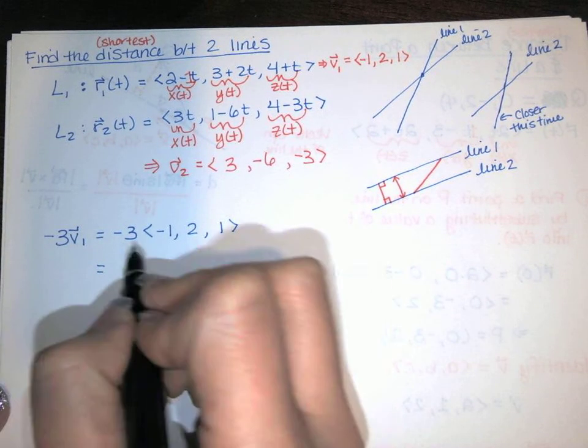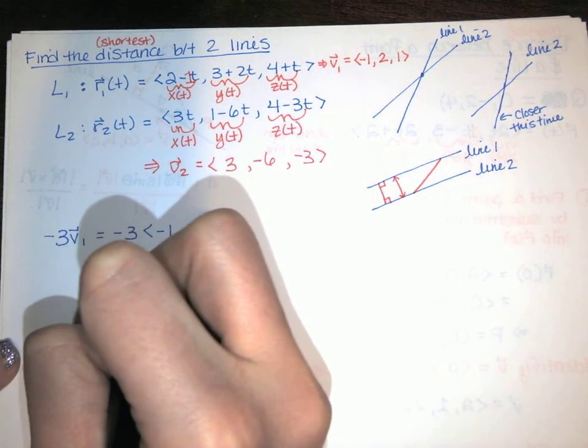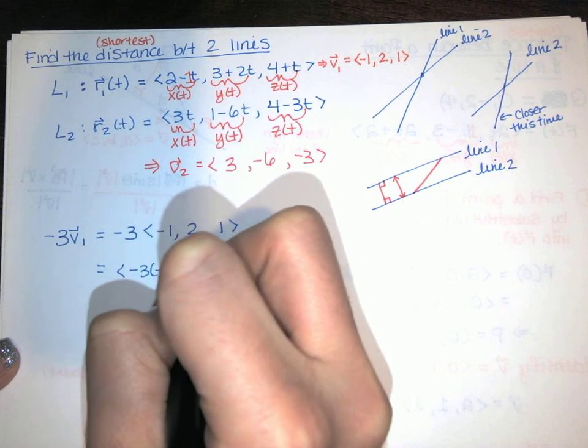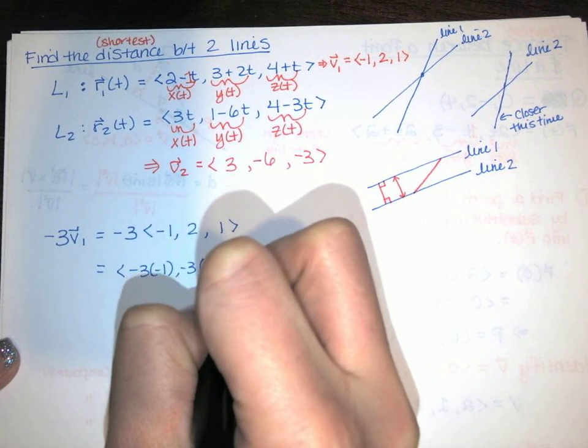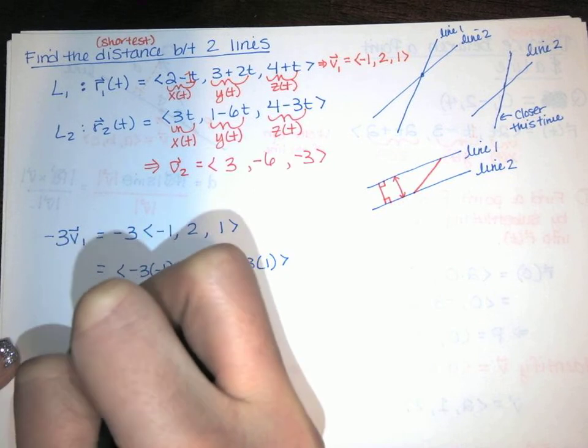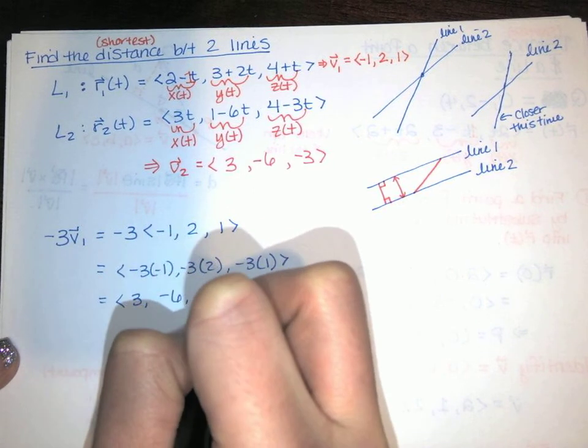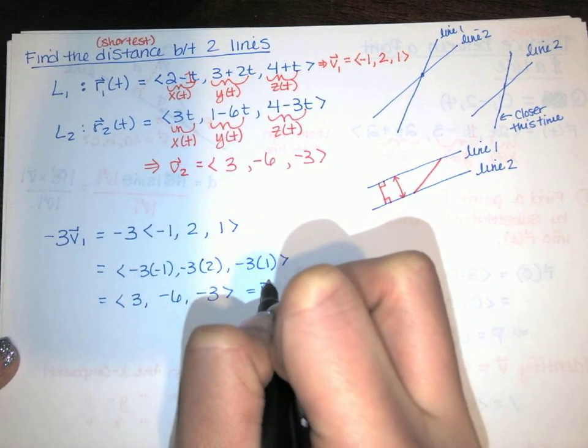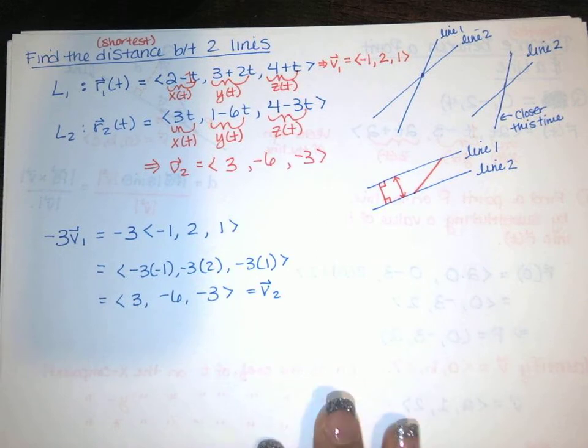Distribute your scalar. You multiply each of the components by your scalar. And I get 3, -6, -3. Hey, that's v2. So what does that mean?